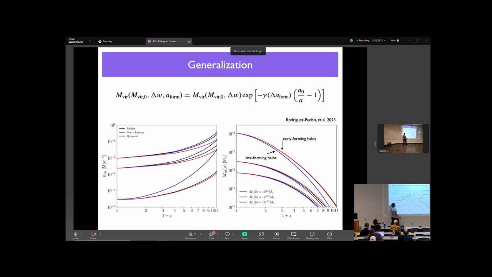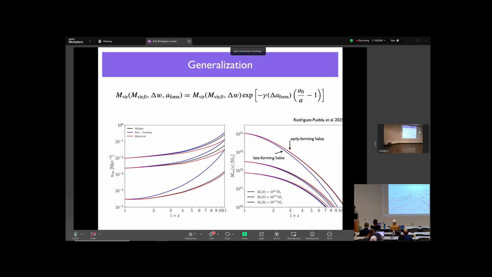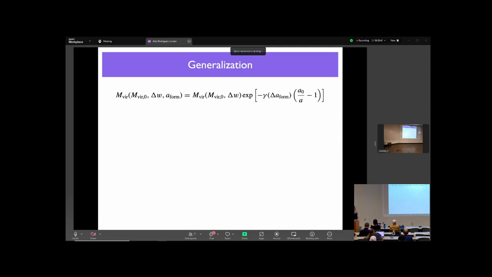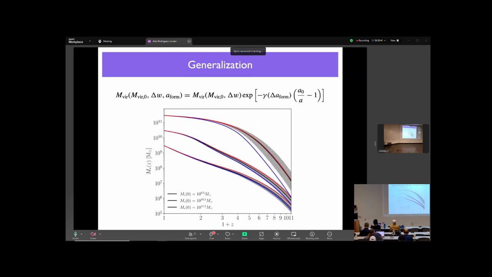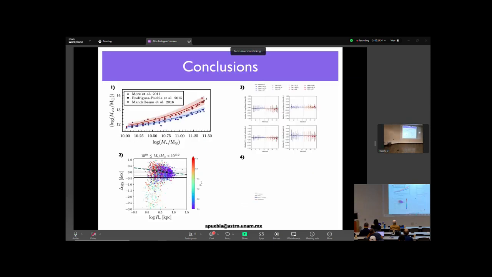So now you can infer not only the median track for all the halos, but tracks for early and late forming dark matter halos. That will be reflected into tracks between what we could call quiescent and star-forming galaxies, based on some fraction of formation times. And I think I did it one time.